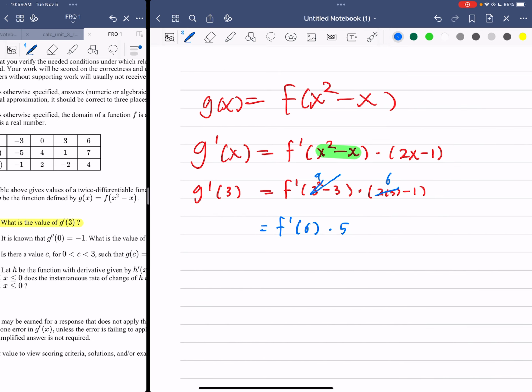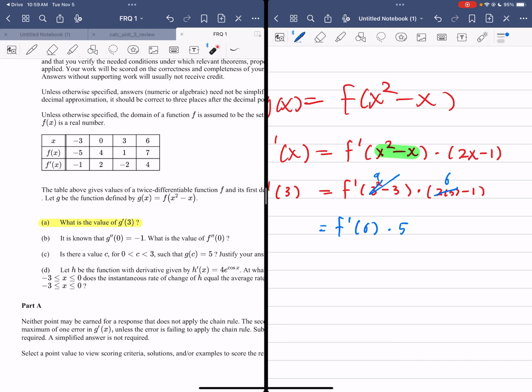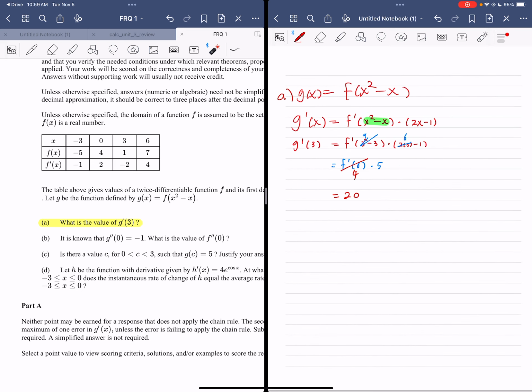And f prime of 6 is equal to, according to this table, f prime of 6 is equal to 4. So this whole thing, this one is 4. So 4 times 5 is equal to 20. So that's A.